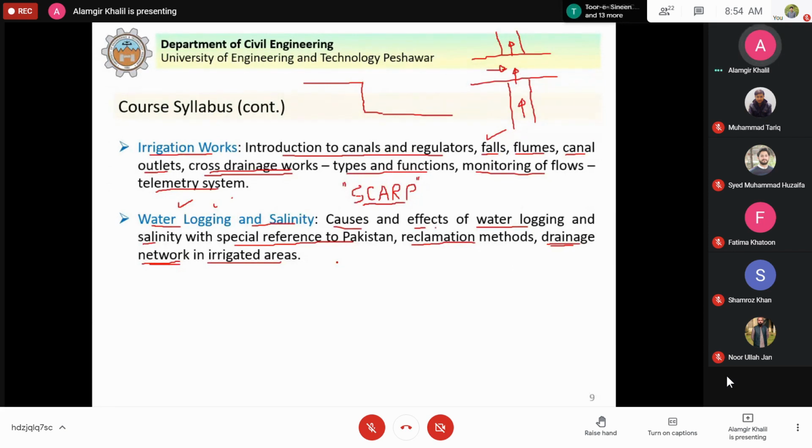For example, when we feel thirsty, we drink water, but if you continue to drink water, it may have an adverse effect on the health. Similarly for plants, when they need water at the right time and in the right quantity, we should supply the water. Other than that, it will have negative effects on plant growth.